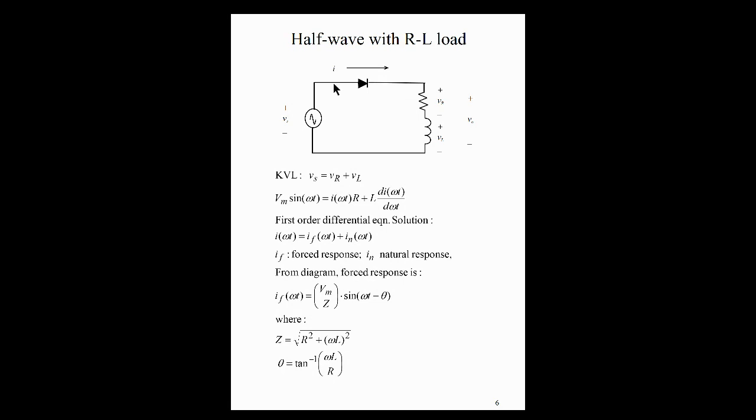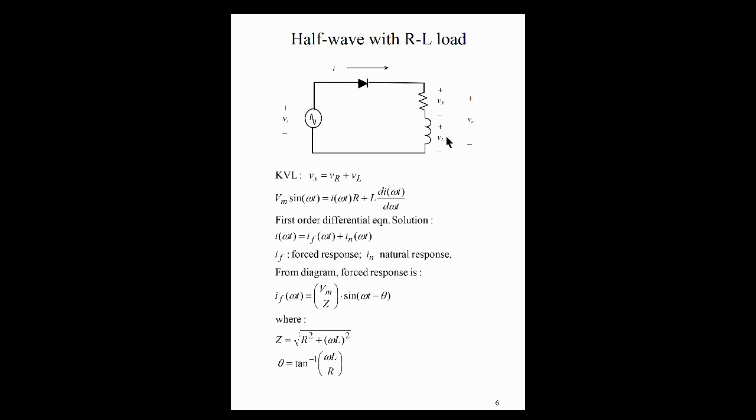We have a current i that is flowing, so that would just be equal to i times R. Of course, this i is an alternating current, so I write it as a function of omega t. How about the voltage drop across the inductor?